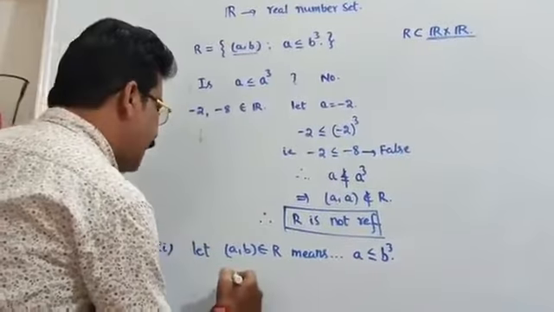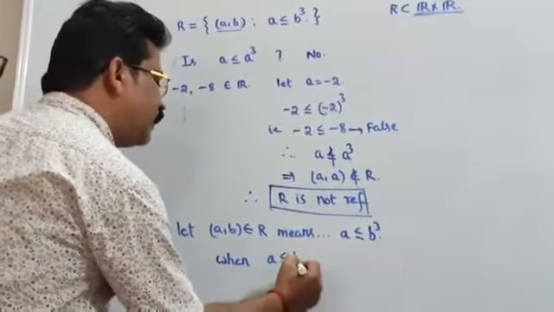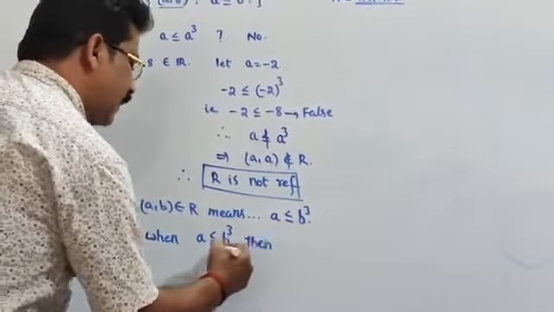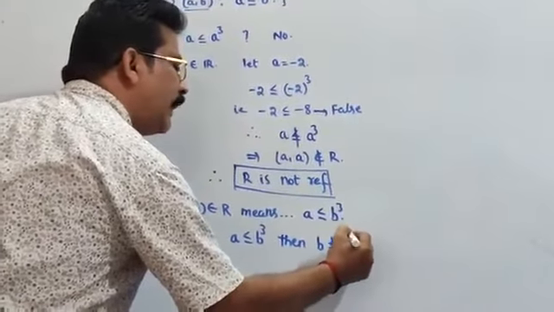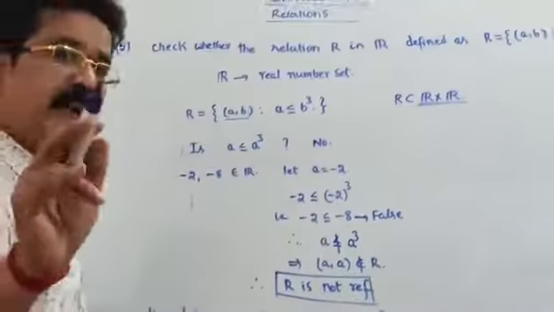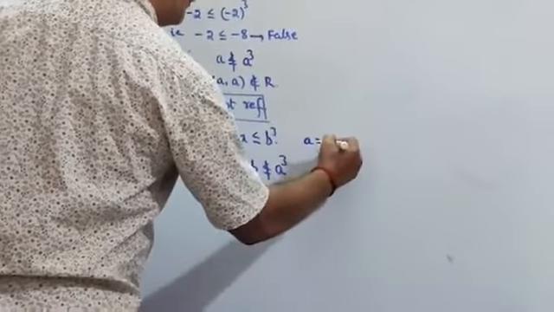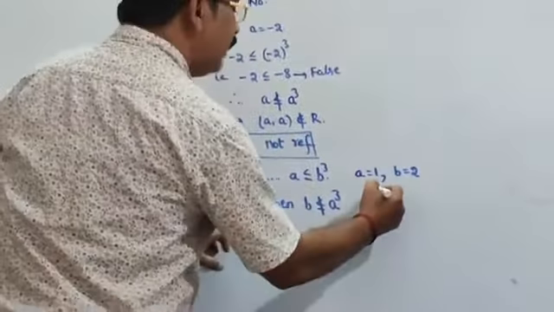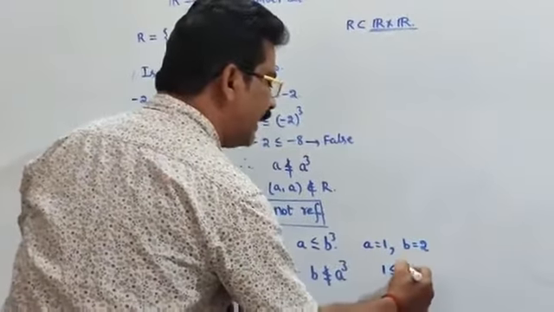So when A is less than or equal to B cubed, then B should not be less than or equal to A cubed. You can take one example: A equal to 1, B equal to 2. Then 1 is less than or equal to 2 cubed, which is 8.